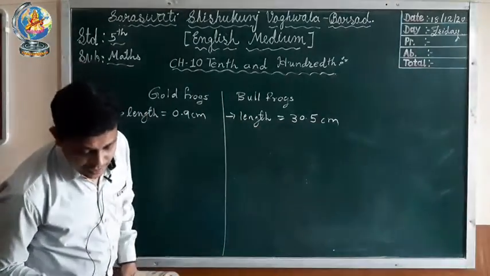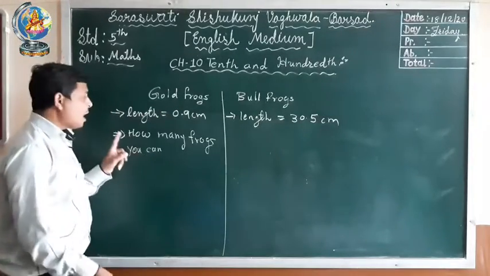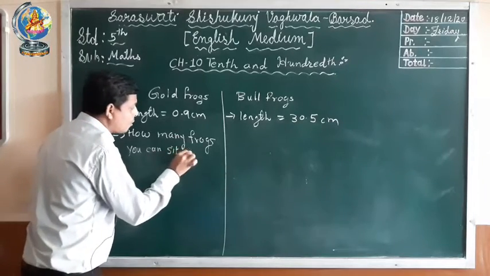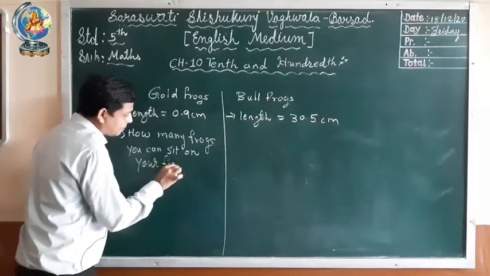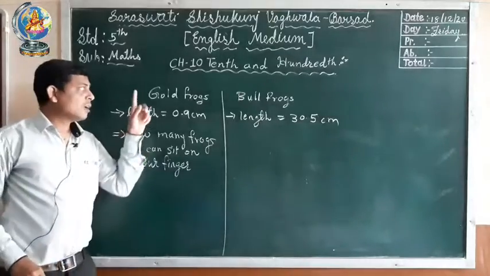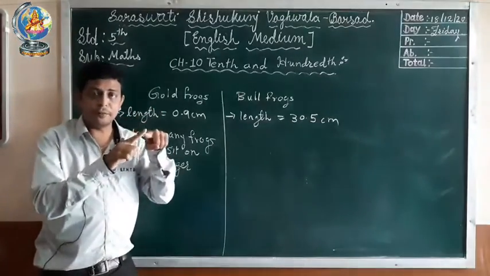Now, here a question is given: how many frogs can you see on your finger? Okay, this is the question. How many bullfrogs can you see on your one finger?